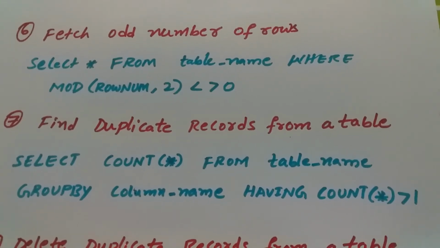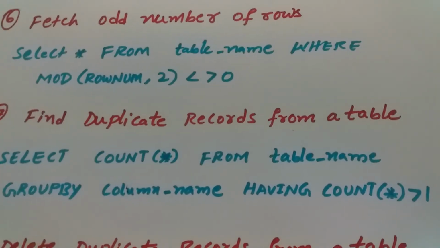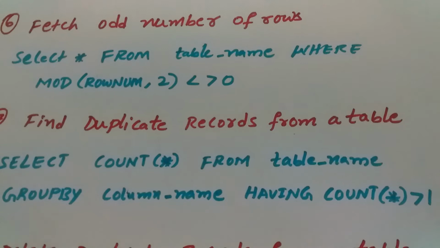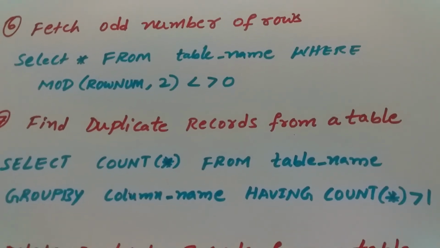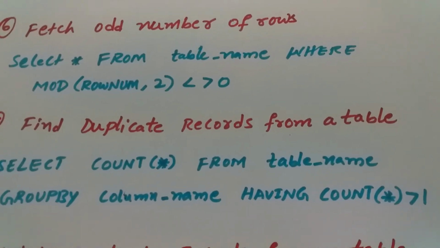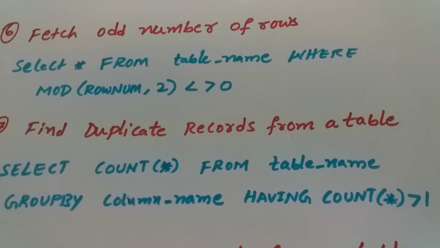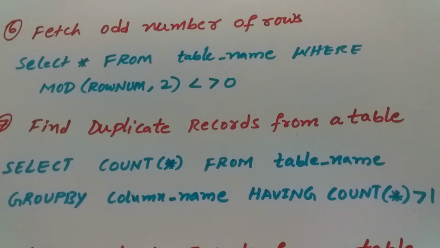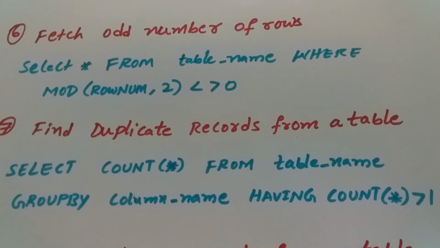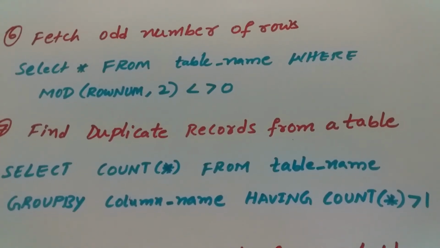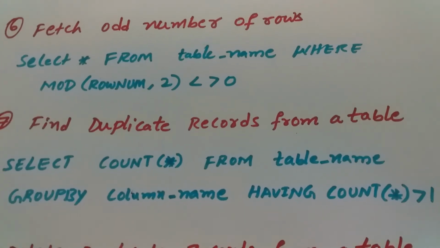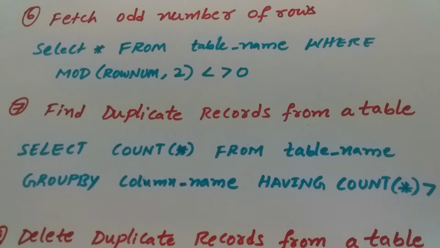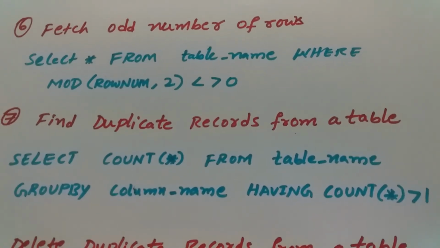That means the records with the help of this group by clause, it returns the count of the data which is repeated more than one time, and it will mention the count as well. So by this query we can get the duplicate records from a table.